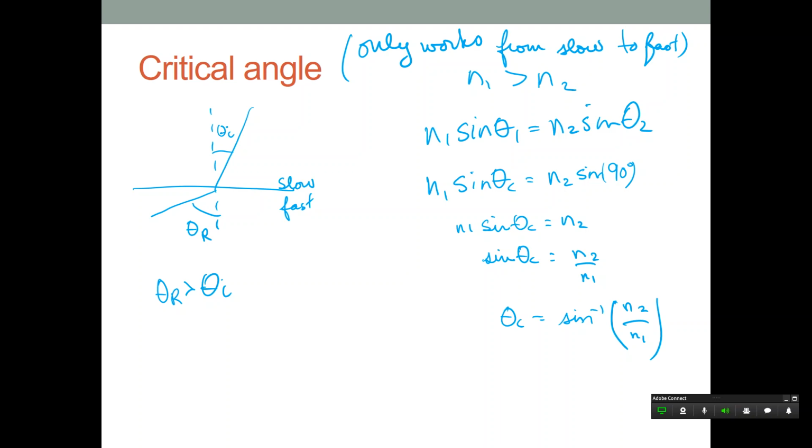So far, so good? Let's say I'm underwater and I'm looking upwards. What would be the critical angle? So you did that. The critical angle is equal to inverse sine of n2 over n1. And 2 is water or air? Air.